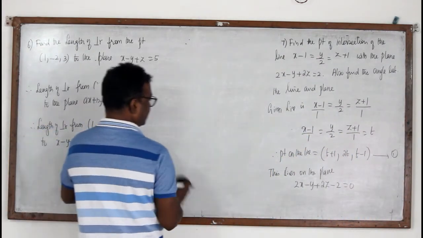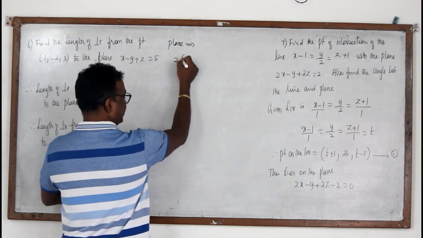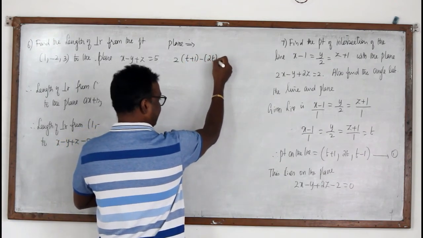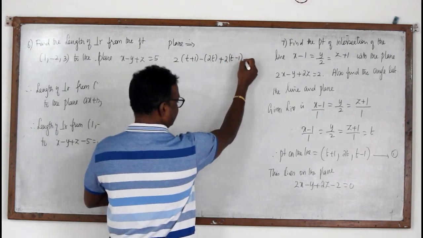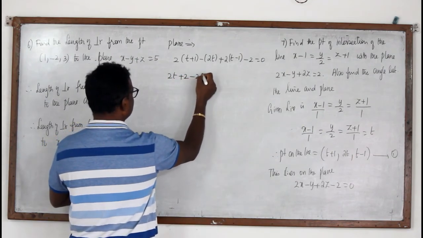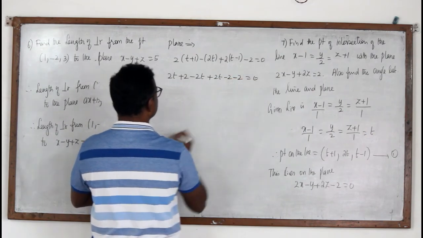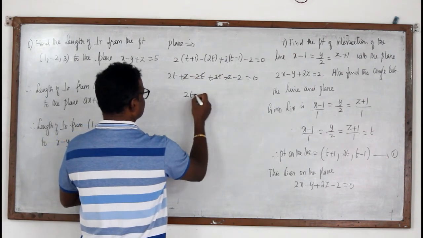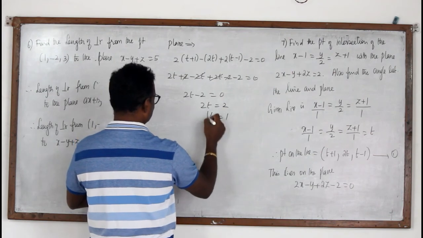Now, that means the plane implies 2 into t plus 1 minus 2t plus 2 into t minus 1 minus 2 equal to 0. It is 2t plus 2 minus 2t plus 2t minus 2 minus 2 equal to 0. 2t cancels 2t, 2 cancels minus 2, so 2t equal to 2, t equal to 1.